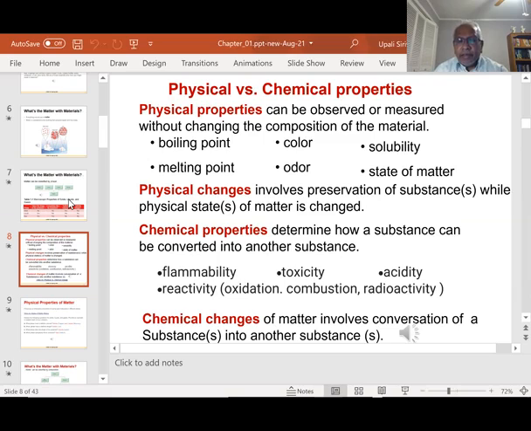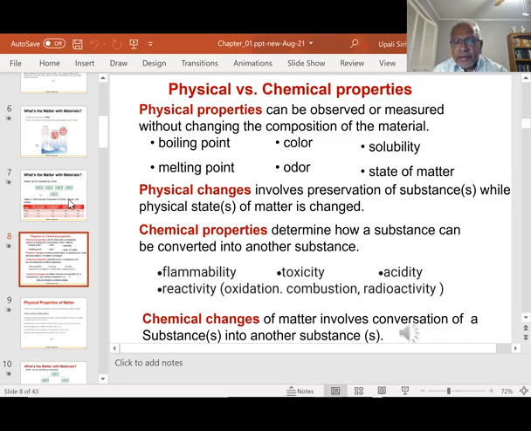Toxicity is when substances like mercury get bonded to enzymes in the body and create toxicity. Acidity also changes substance, releasing hydrogen ions or hydroxide ions in water. Then that's a chemical change.